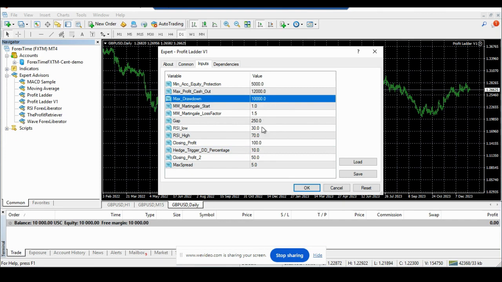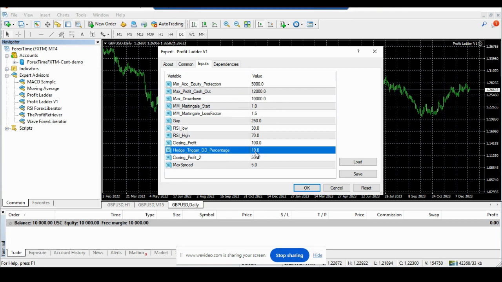What it does is it says when the open profit on this account is negative to the value of 10% of this 10,000, which means $1,000, so if you're at negative $1,000, it will activate the hedge, but only when the account hasn't been hedged yet. This means that only buys are open or only sells are open.